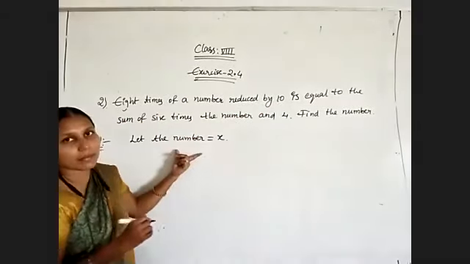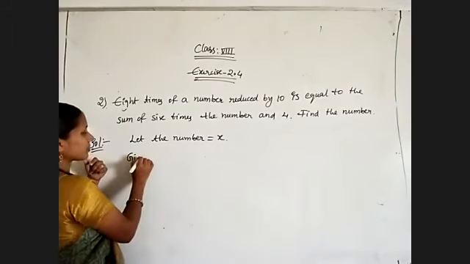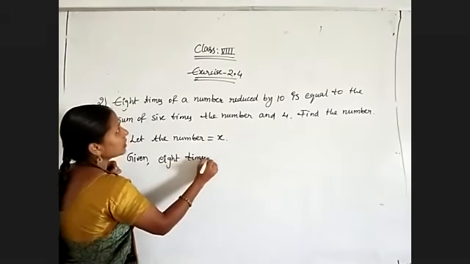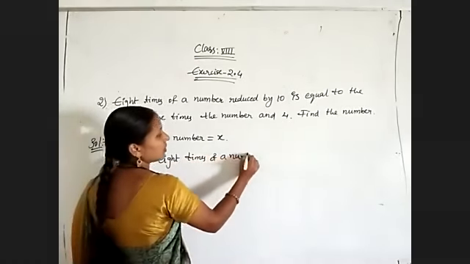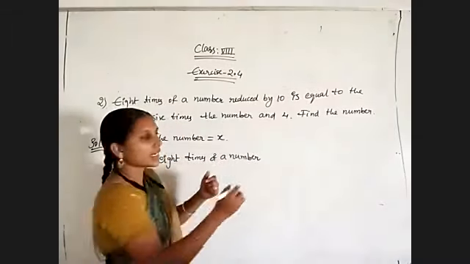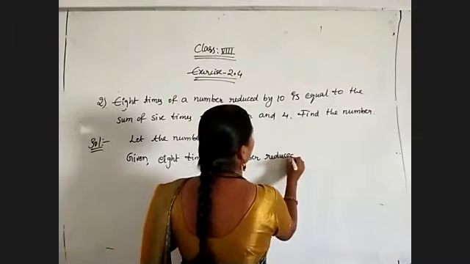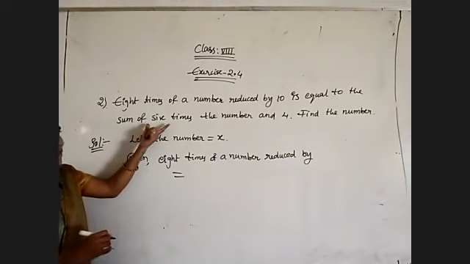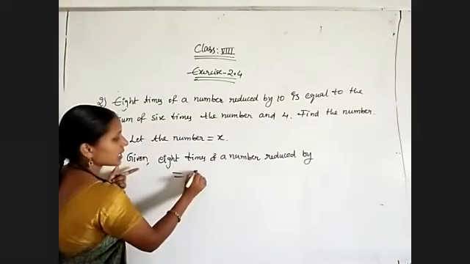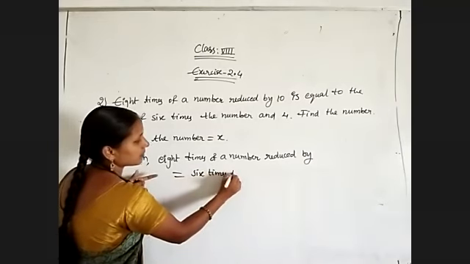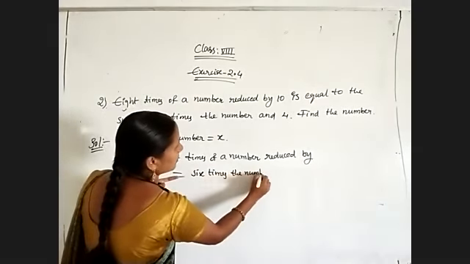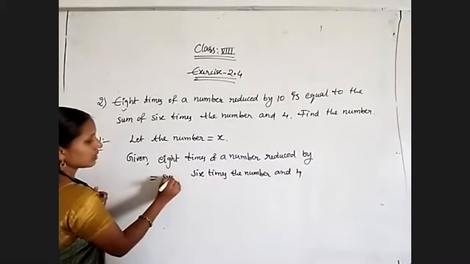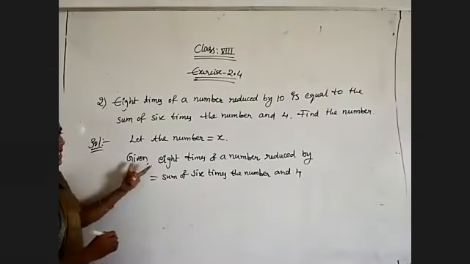First of all, write down the statement, whatever they have given. 8 times a number, reduced by 10, is equal to the sum of 6 times the number and 4. So this is the given statement.